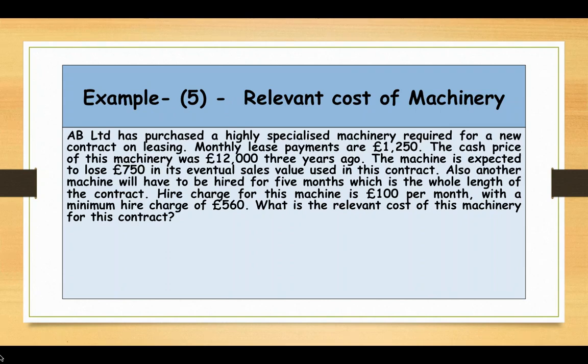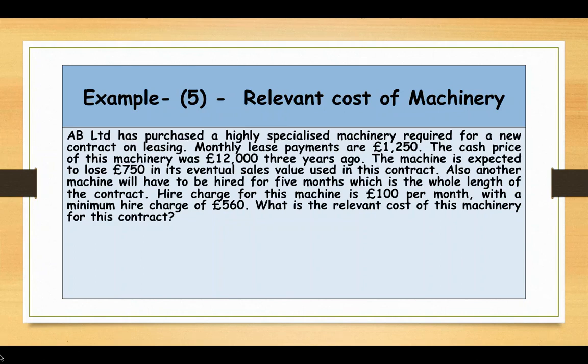Also, another machine will have to be hired for 5 months, which is the whole length of the contract. Hire charge for this machine is £100 per month, with a minimum hire charge of £560. Okay, so hire charge is relevant, but in this case, you're going to hire it for 5 months.